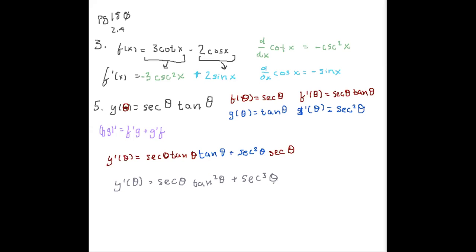Let's also try number 8. This just is using some variables. So we have the function y of u is equal to u times a cos u plus b cos u.